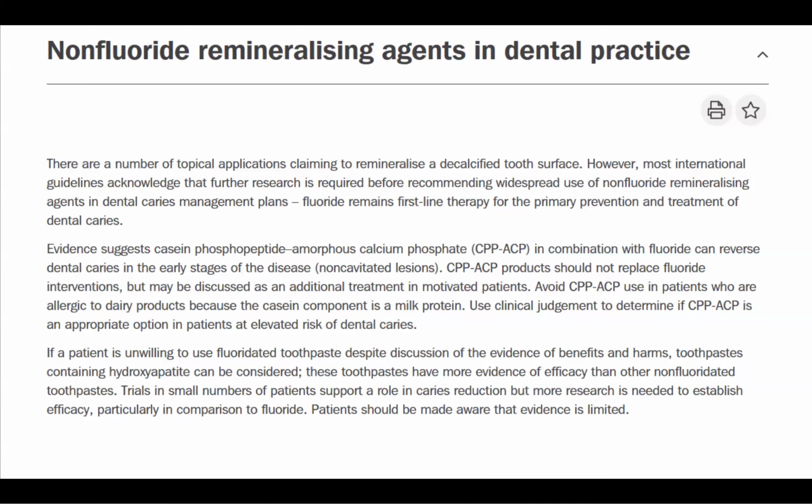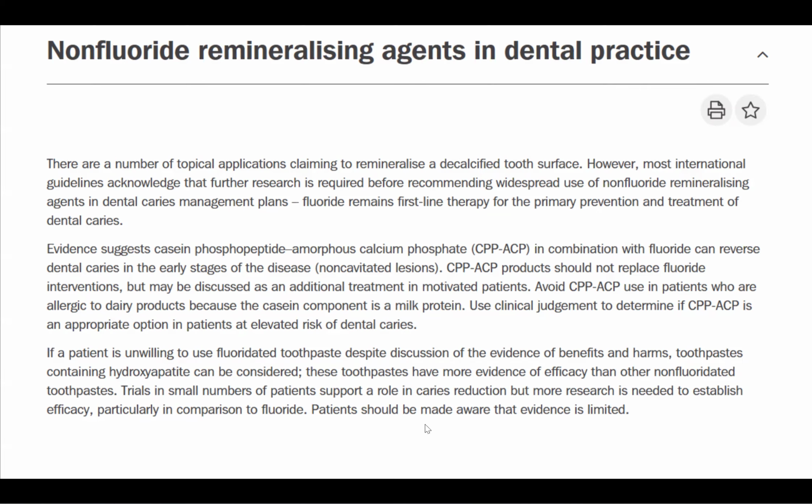CPP ACP, they haven't mentioned anything like ingesting it will cause fluorosis, because it doesn't have fluoride at all. It has this CPP ACP, calcium and phosphate in an amorphous form, which doesn't have any major side effects if ingested. They haven't mentioned anything like that, so I believe you can say that anything unsupervised is definitely not correct.